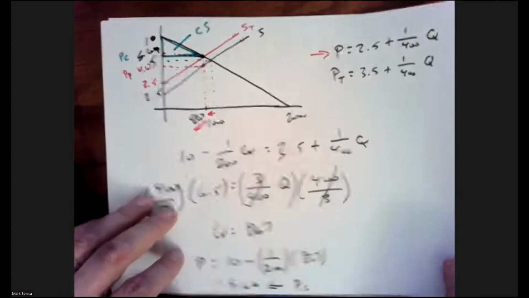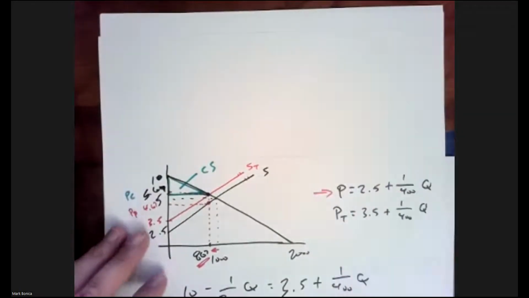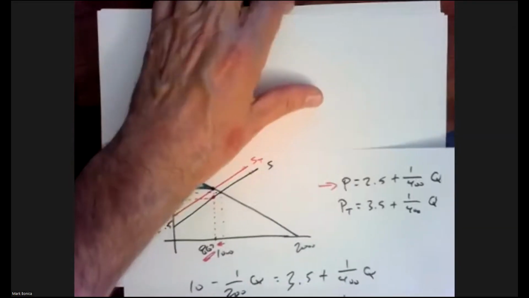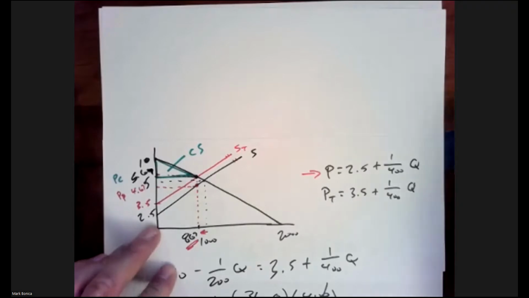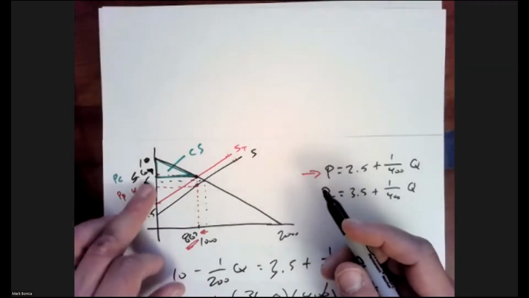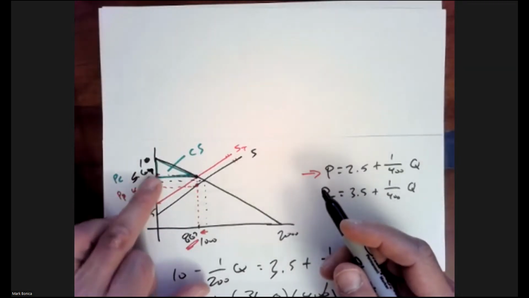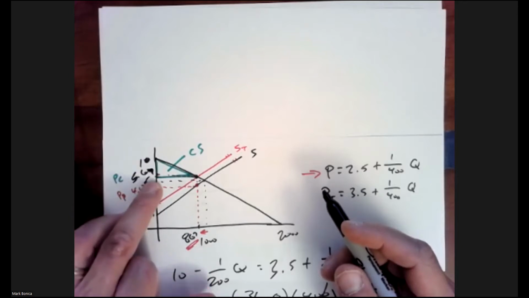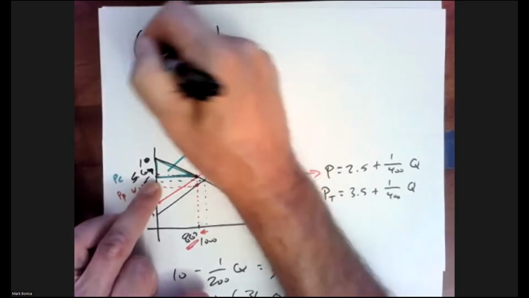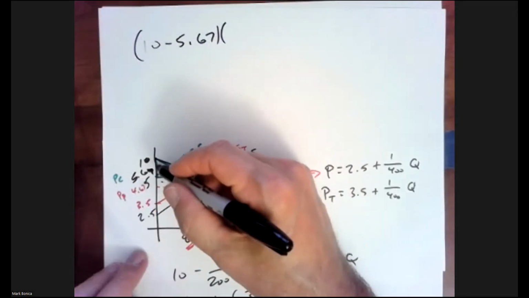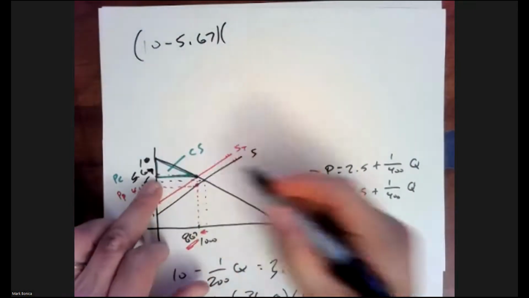So to calculate consumer surplus, we need to calculate the area of that little triangle on top. The height is 10 minus 5.67. We're not going to go all the way down, it's just down to there.